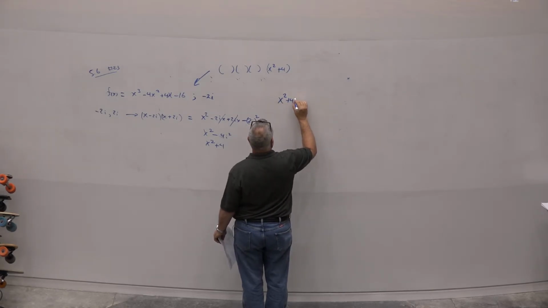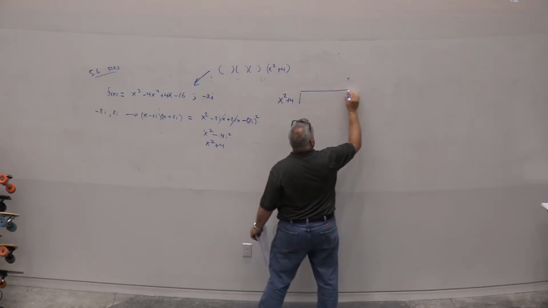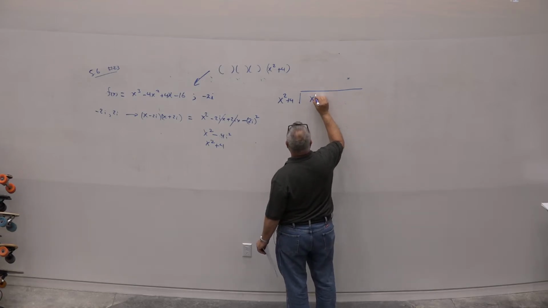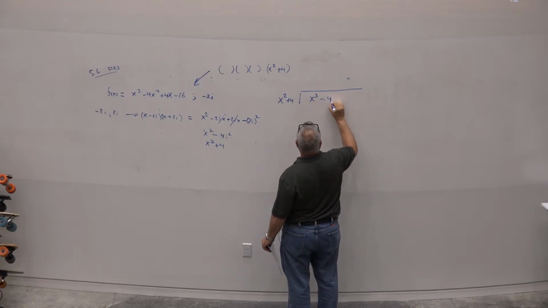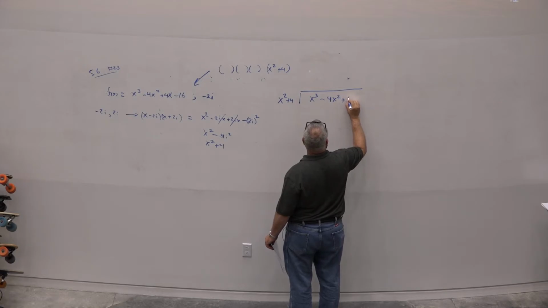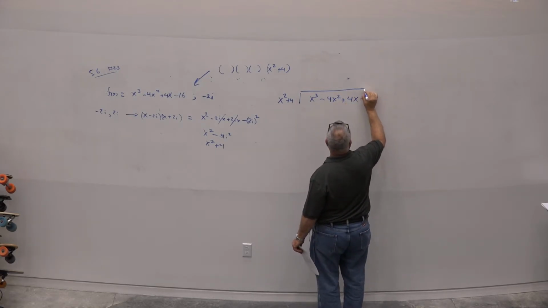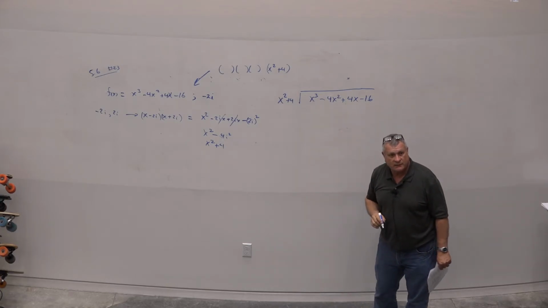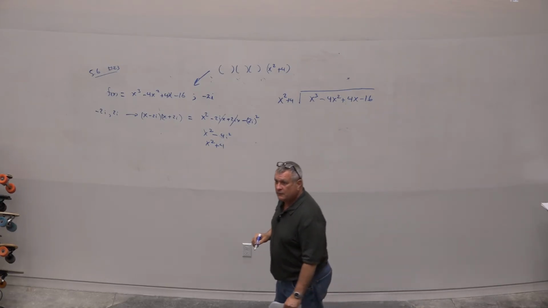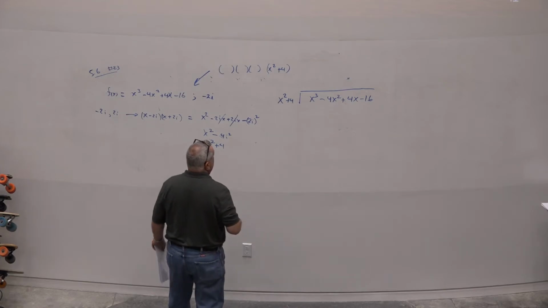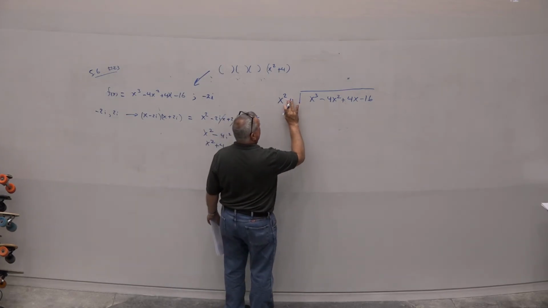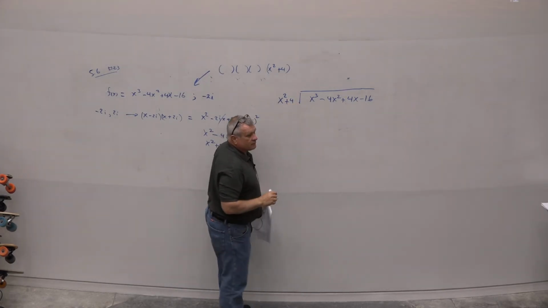X squared plus 4. I'll do long division, the dreaded long division. Now you will have a problem that uses synthetic division. We did so much of that in class. I think you know how to do that pretty easily. Okay, how do I do the dreaded long division?